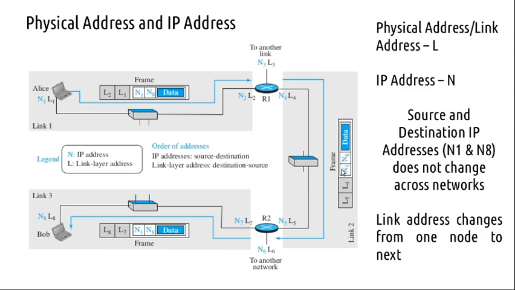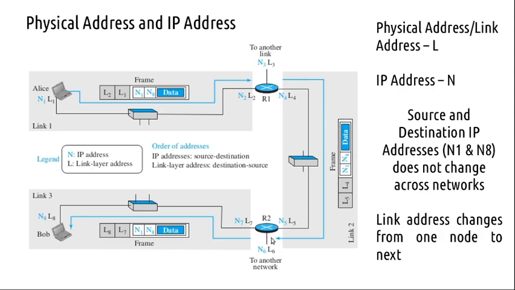So you have this transmitting over the next link, node to node links. On the next link you have the destination as L5 and the source as L4. The link address will change across networks, whereas you see here N1 and N8, the final destination, doesn't change. Node to node movement of this frame happens because of the data link layer.